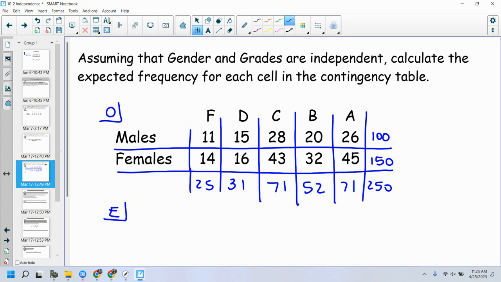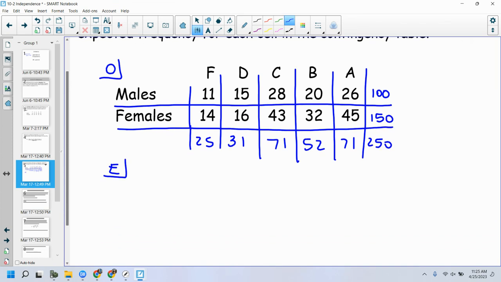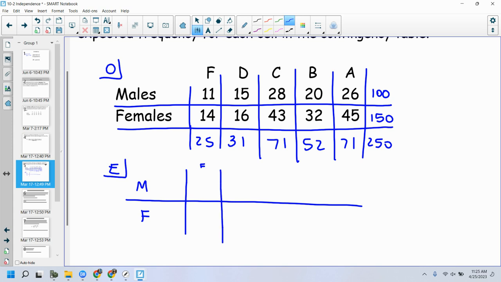This is what was to be expected if I had 100 males, 25 Fs out of a 250, right? This is male F. D, C, B, A, right?